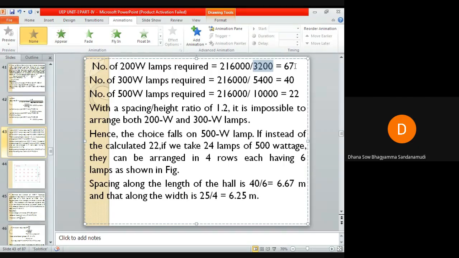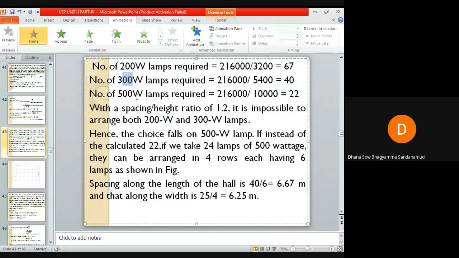Next, for 300 watt lamp, that is the power rating of the lamp, the number of lamps required is total lumens required divided by the lumens for that wattage. So you will get 40 lamps.